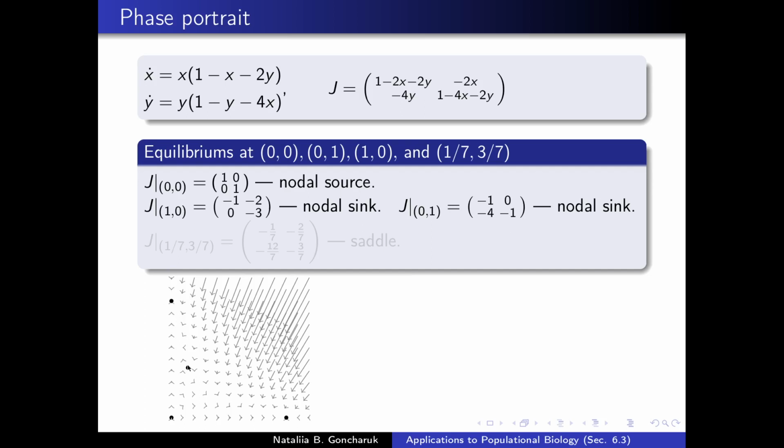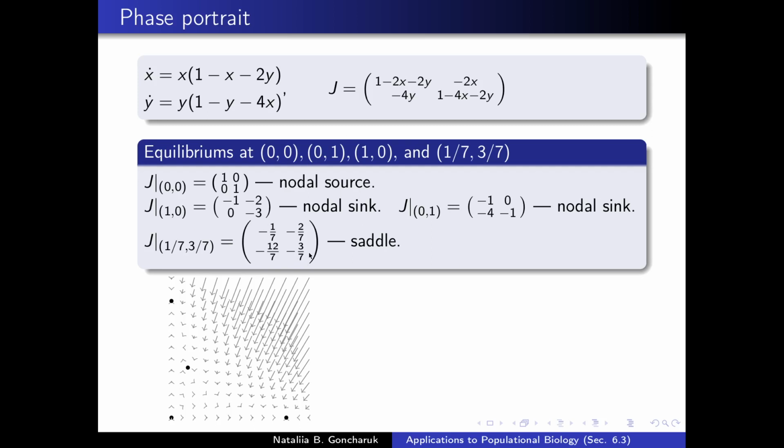And now comes the most interesting point. This point over here, 1/7, 3/7. I just solved this system. This and this should be 0. I found this point where these expressions are both 0. It is 1/7 and 3/7. And I substituted these numbers in the Jacobian.